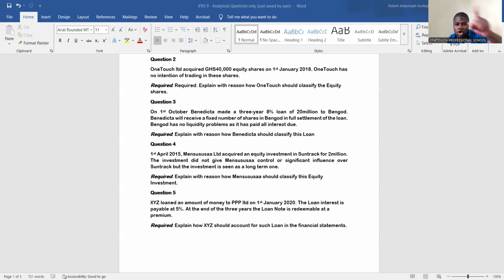So because it is long term, it is not held for trading. So the entity can make an irrevocable election to designate it at fair value through OCI. Do you understand? Yes, sir.